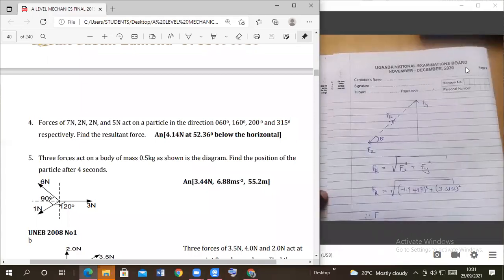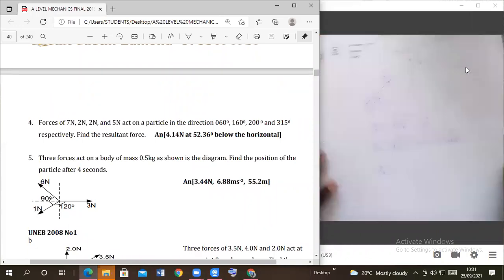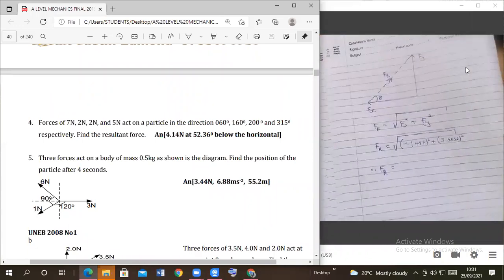Therefore, our Fr will be equal to the square root of 1.9497 squared plus 3.5355 squared.